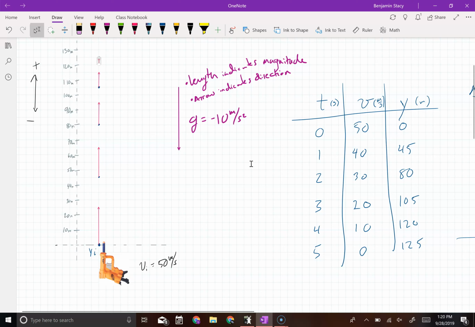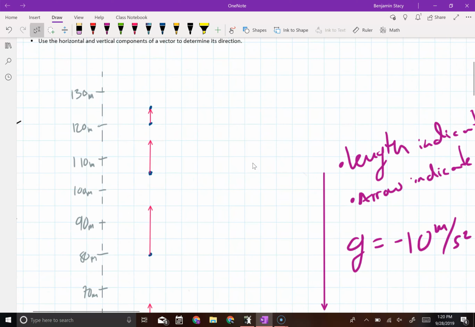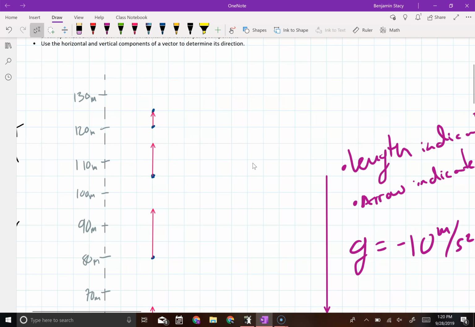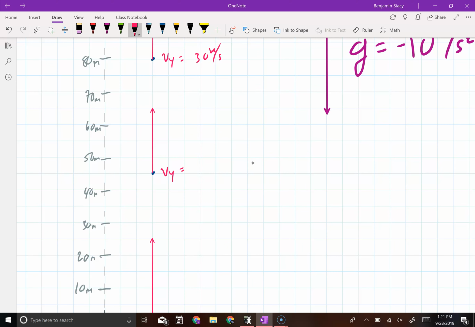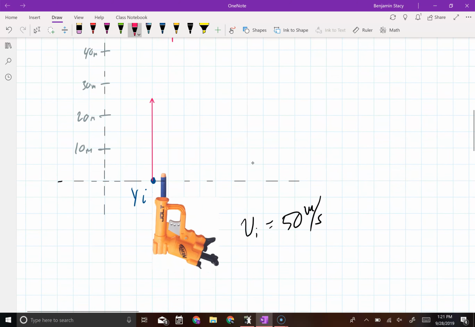There's 10, and then at our very tippity top, there's no velocity vector to put on that last dot because the velocity right there is 0. So this last dot, v in the y direction, is 0, so I have no arrow to draw. Right here, vy is positive 10. Here, vy is our 20. So this is how we use our arrows to help represent what those vector quantities are.